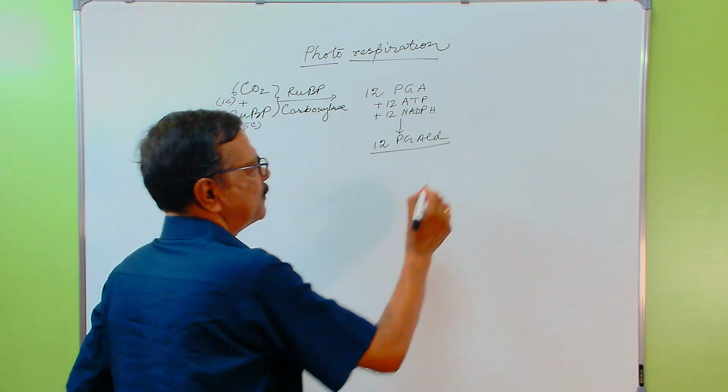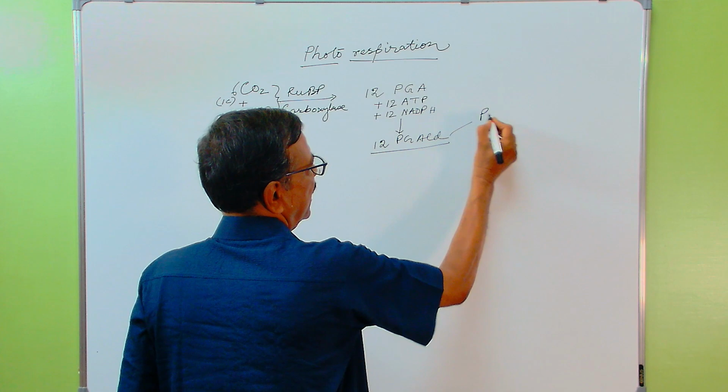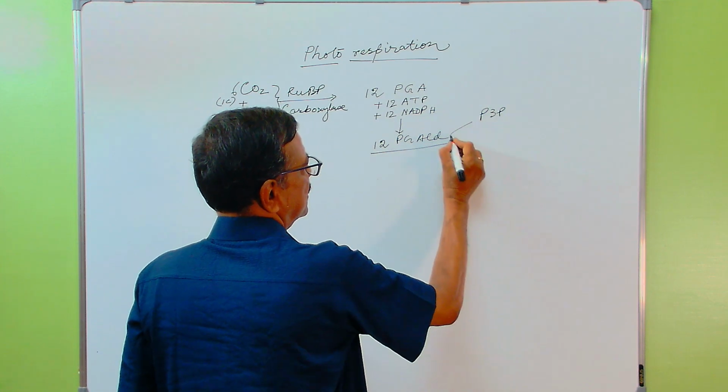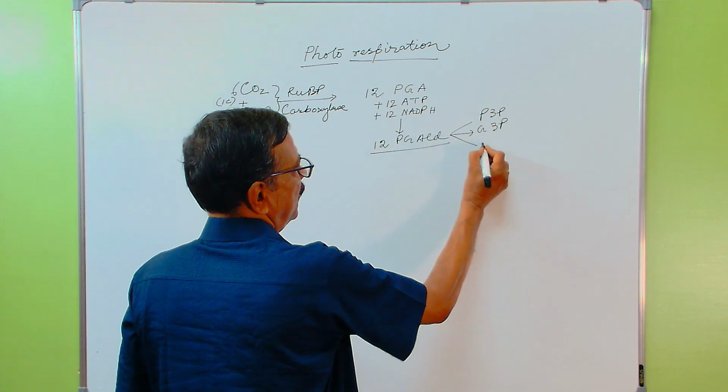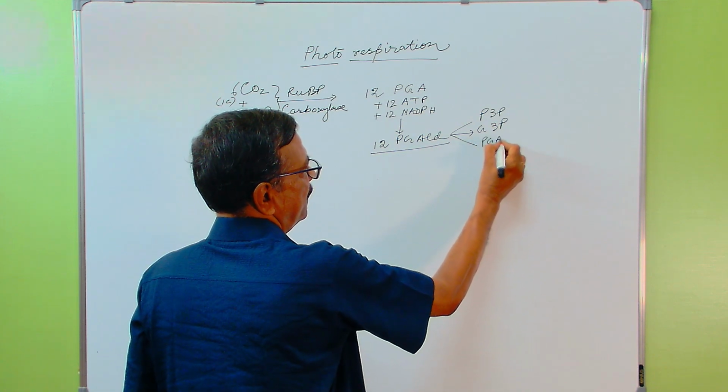In short, somebody tells us phosphoglyceraldehyde 3-phosphate, somebody tells glyceraldehyde 3-phosphate, and we will call it PGAL.